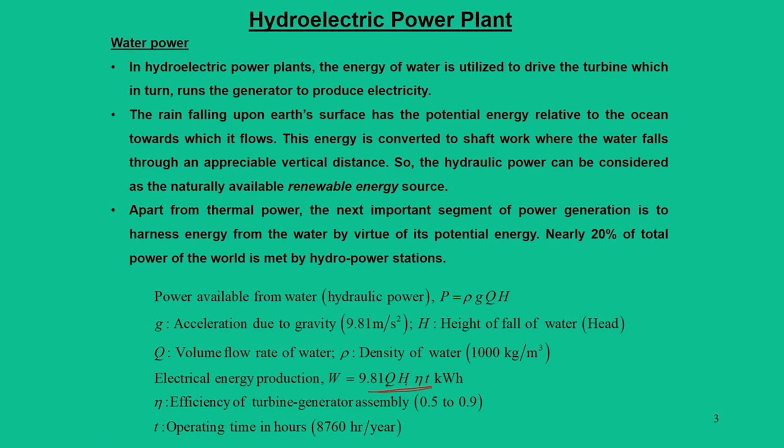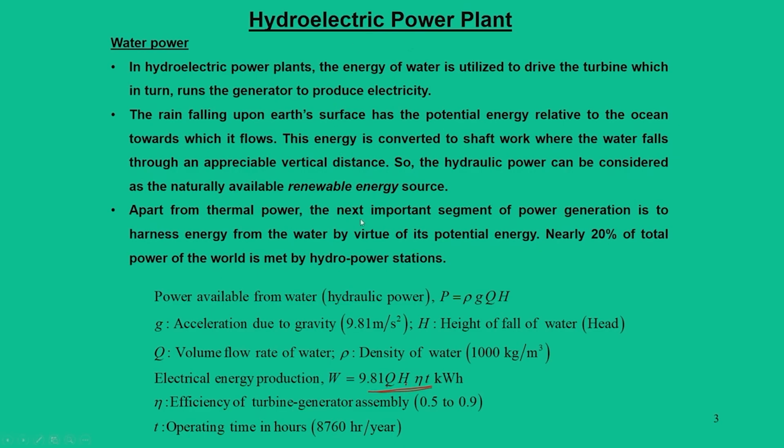Then let us look into how we can harness it. One way to look at it: when we have rain falling on a hard surface, we have potential energy available, and rainwater proceeds towards the ocean along its path through rivers. If the river is available at a certain height, and we take that quantity of water as the volume flow rate of water, then we can use the height of the reservoir or river to harness the water power.